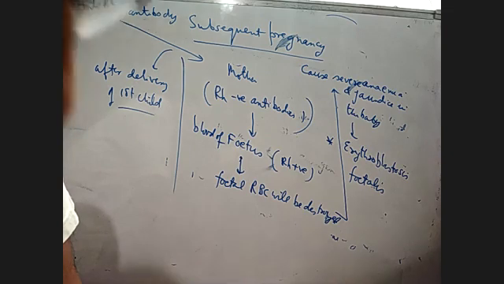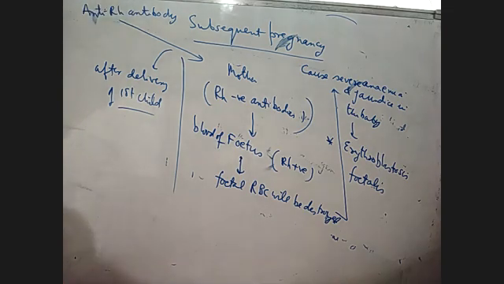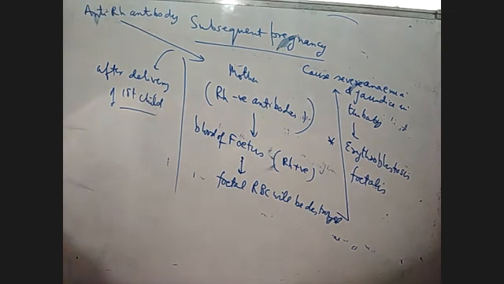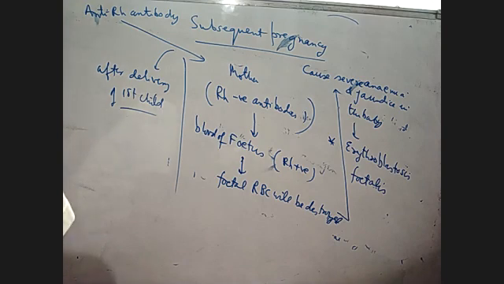So coagulation of blood is a mechanism to prevent excessive loss of blood from the body.